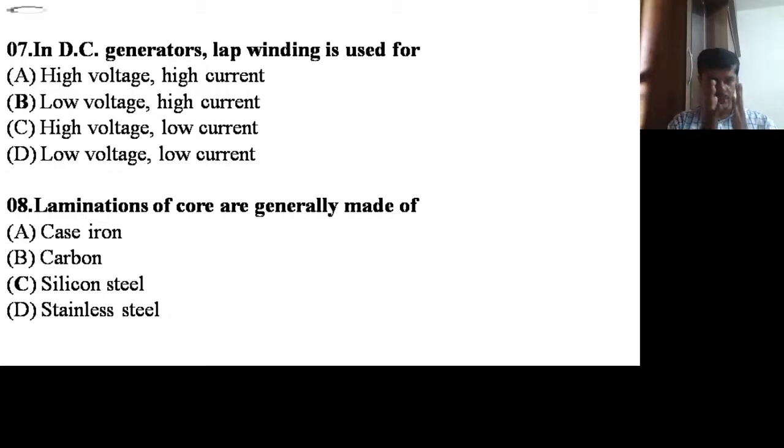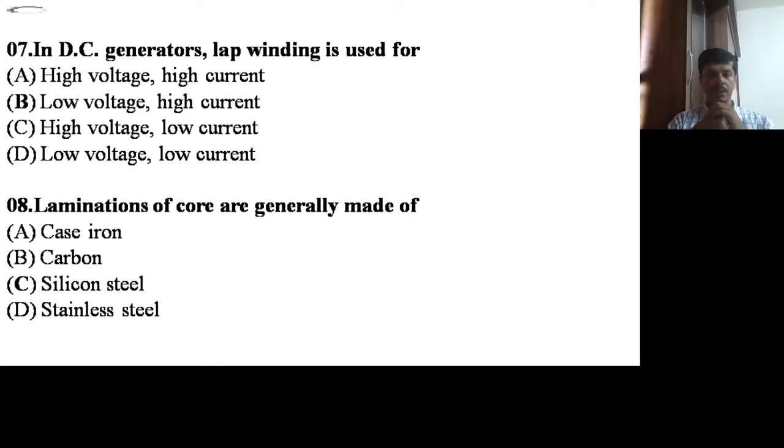So therefore the voltage will be the same in the case of a lap connected system, but we can change the value of current. So therefore it is used where low voltage, high current. Voltage constant means it is B, low voltage high current.